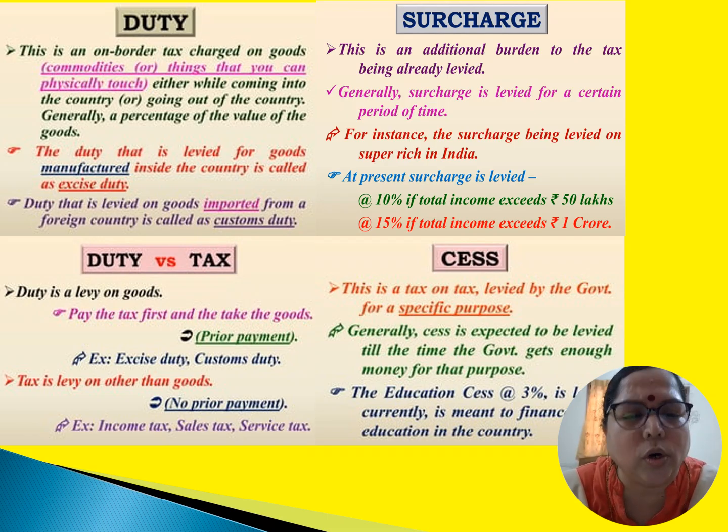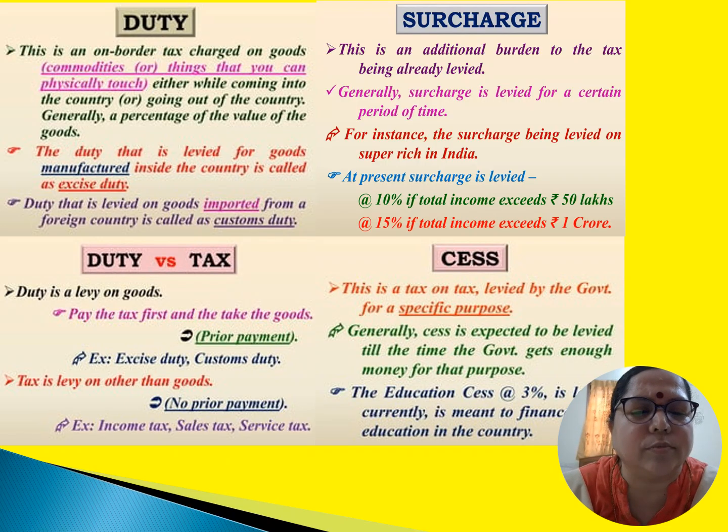So it is on goods manufactured in our own country. Then it will be called excise duty. Then duty that is levied on the goods imported from a foreign country into our country, that is called customs duty. So if goods are crossing the borders of our country, then we can say import duty is levied, right?